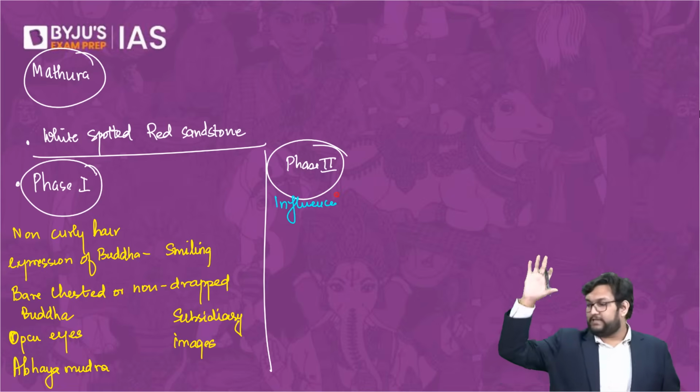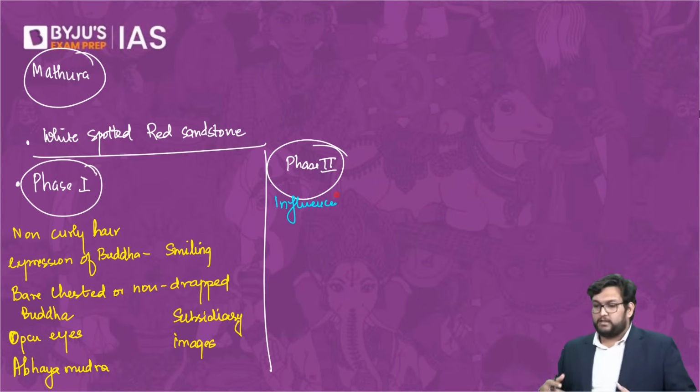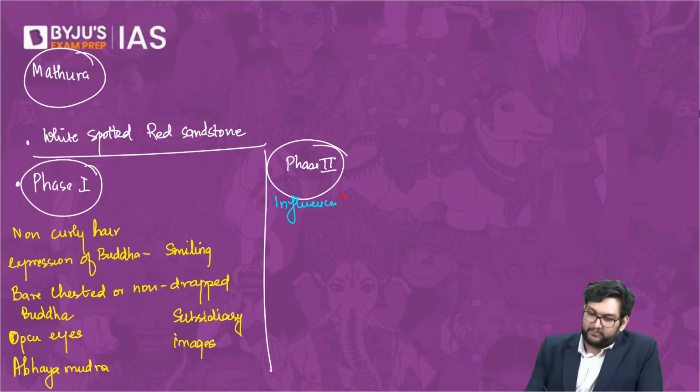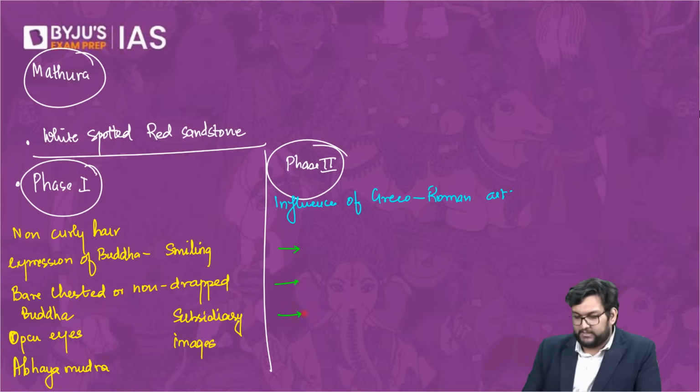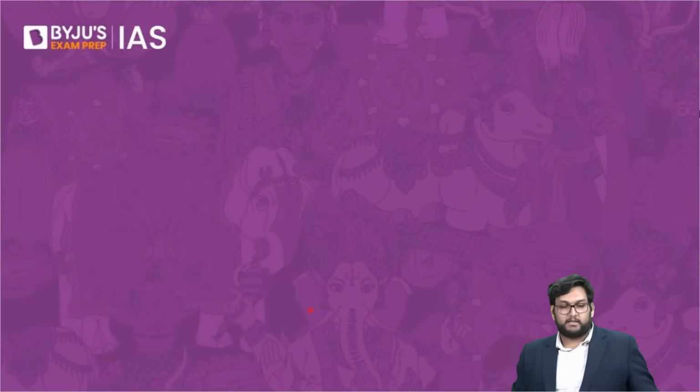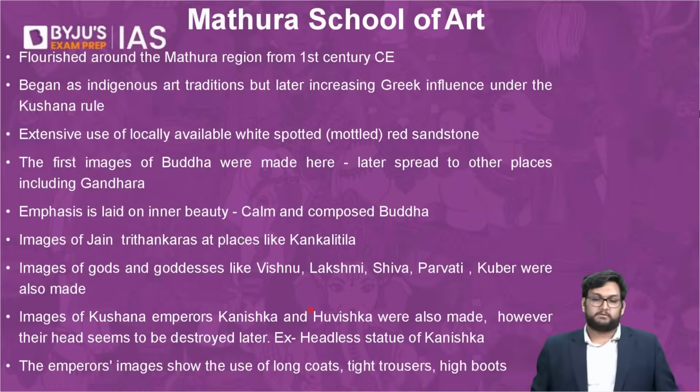Maha means big, Hin means small. Where will this go, brother? Influence of Greco-Roman art. Herein we have 3 to 4 things. Curly hair, half-closed eyes. How did I mark curly hair? This. No.